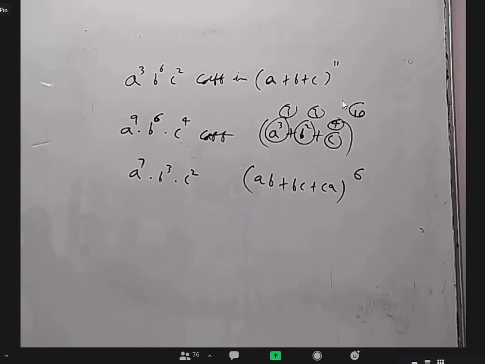I'm waiting. A power 7 into b cube into c square. What is the coefficient of that in ab plus bc plus ca whole power 2?